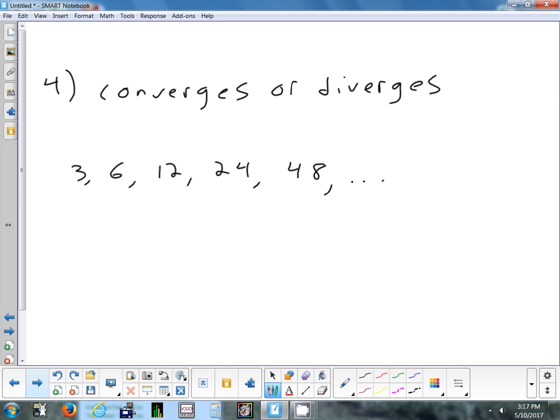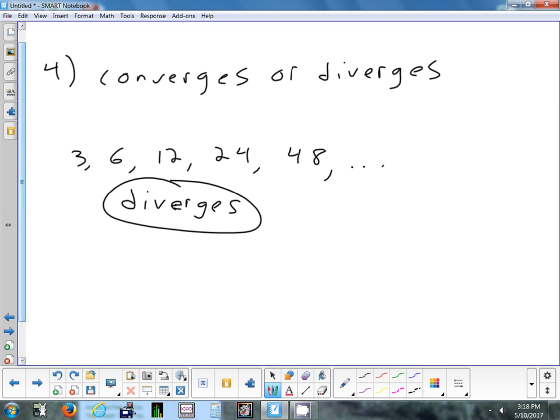Infinity. So are they converging to a number or diverging? They're diverging. They're not approaching a number, they're approaching infinity. So you say it diverges.